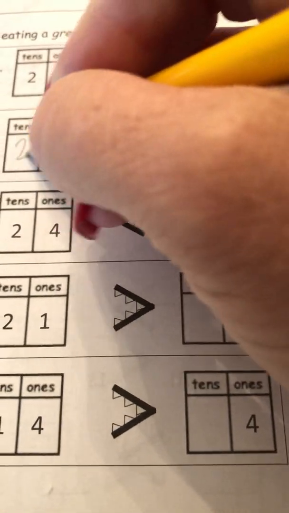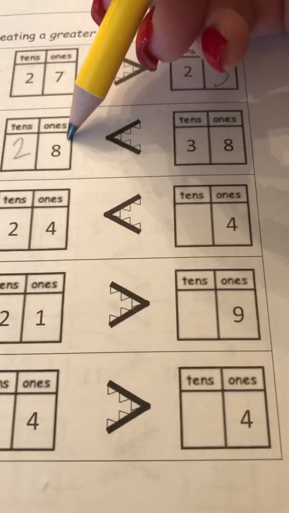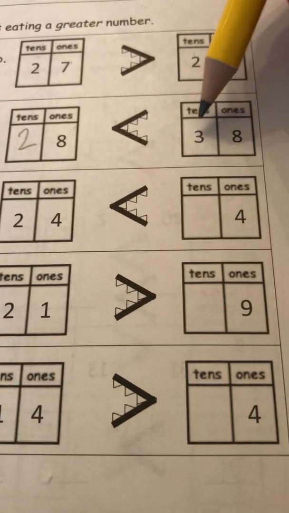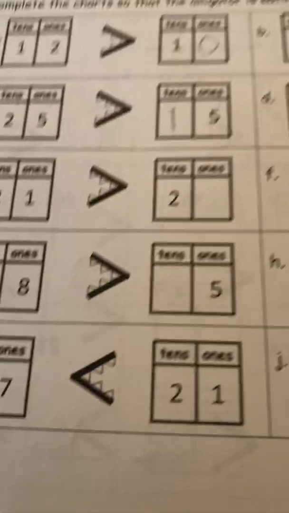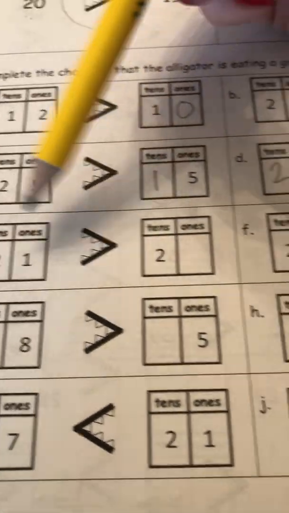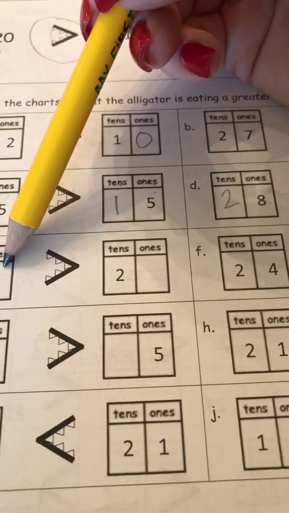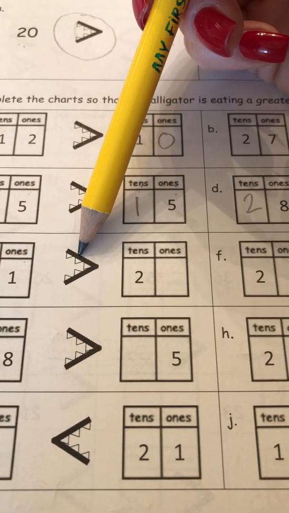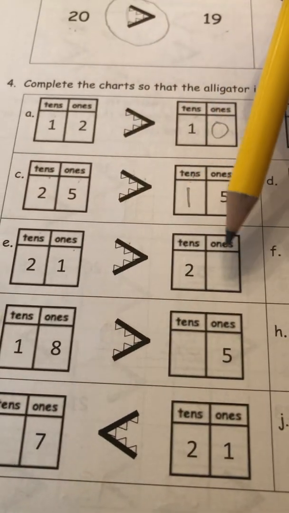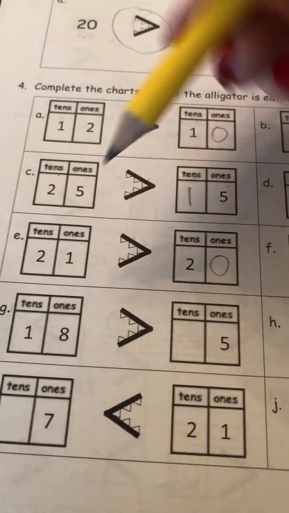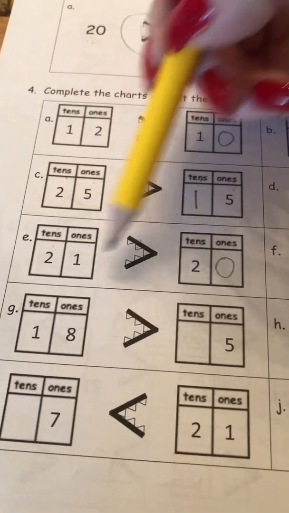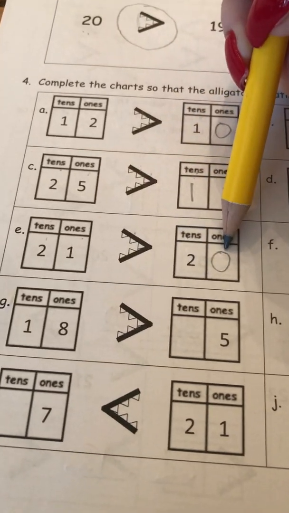Exactly. 2 tens and 8 ones is less than 3 tens and 8 ones. 2 tens and 1 one is greater than 2 tens and how about 0 ones? Because we know that 21 is greater than 20.